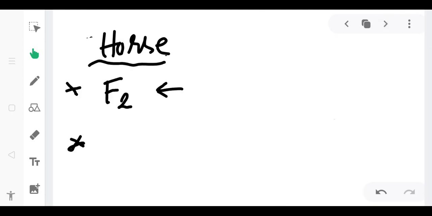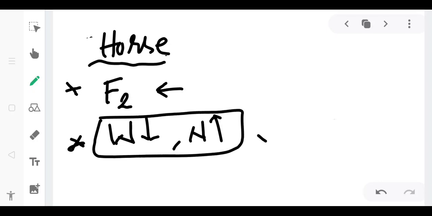So weight of the horse acts vertically downward and normal force vertically upward. Along the vertical direction, net force is 0. That's why there is no motion along the vertical direction.